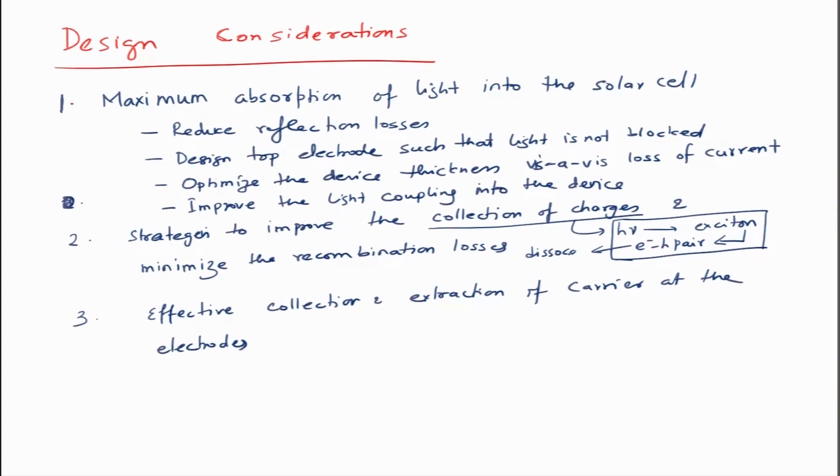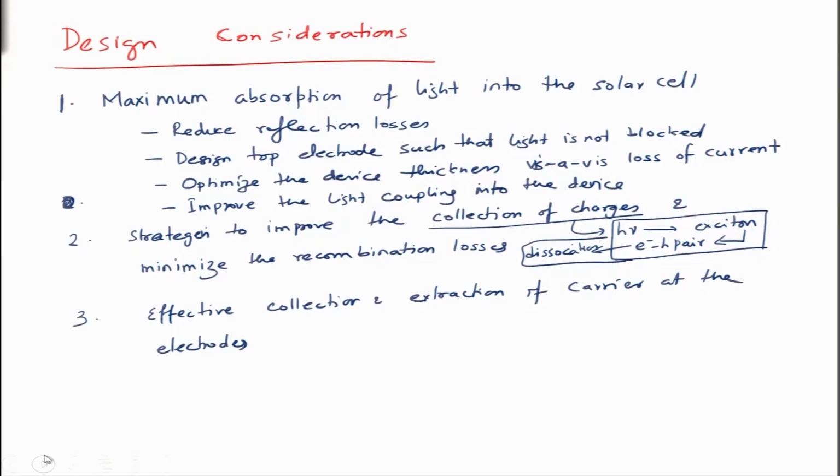So we must have strategies to maximize this: the photon is absorbed, an exciton is created, electron hole pairs are formed, and the electron hole pairs then get dissociated. This is what we have to maximize. These are certain design considerations that we consider in device fabrication.